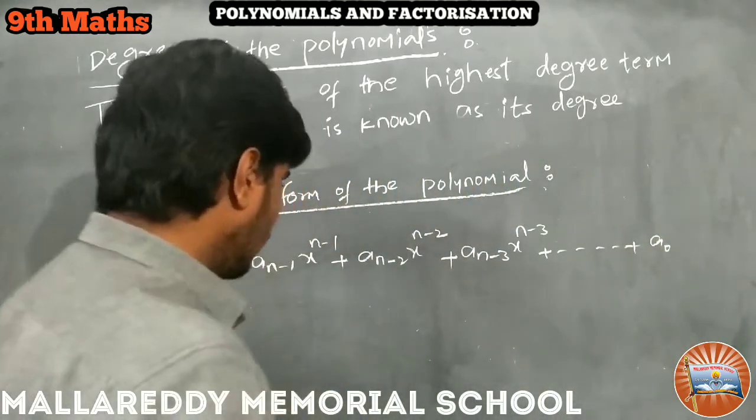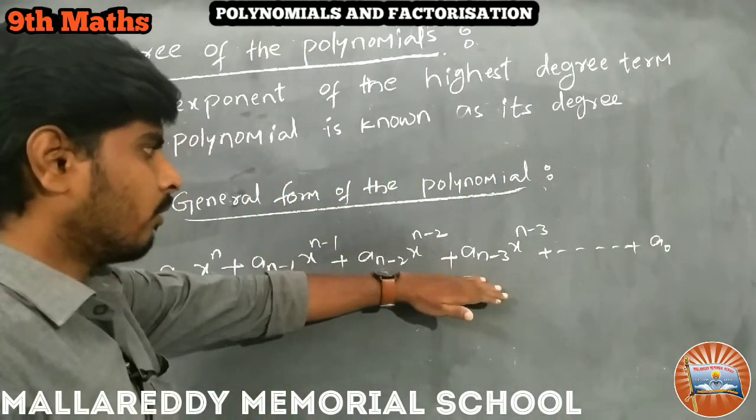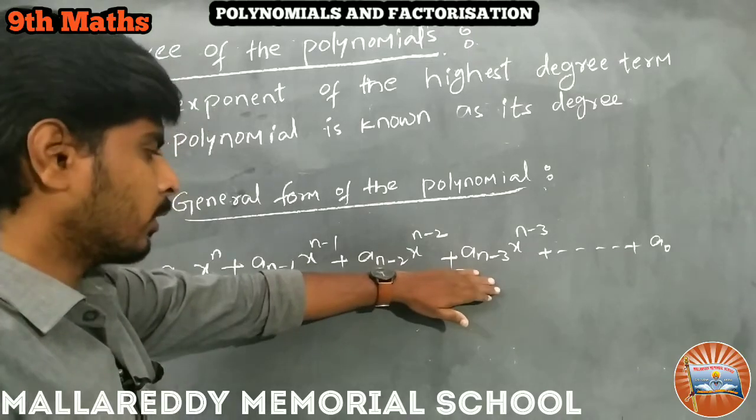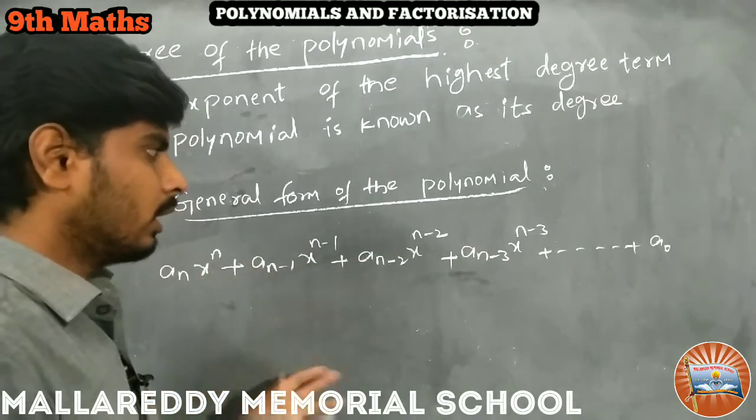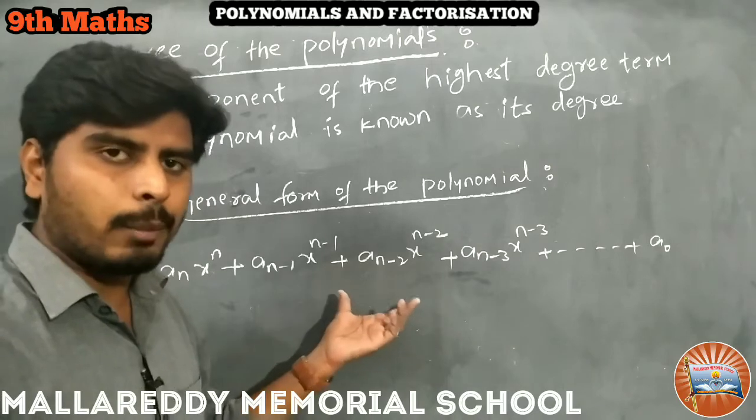This is the polynomial of nth degree. The degree of this polynomial is n. This is the general form of the nth degree polynomial.